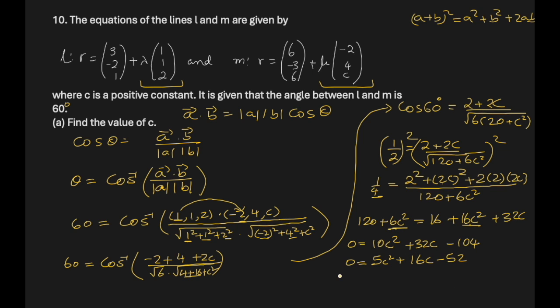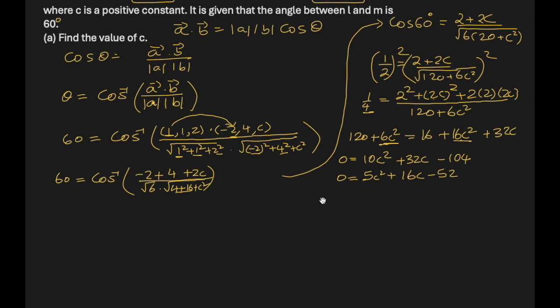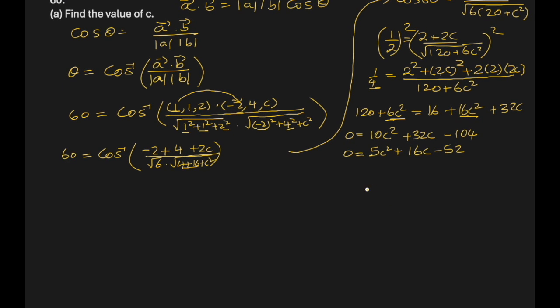I am doing it mentally. Please use your calculator if you know how to solve such equations. I'm splitting the middle term manually. So 5C square plus 26C minus 10C minus 52.